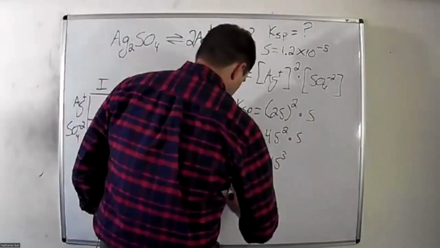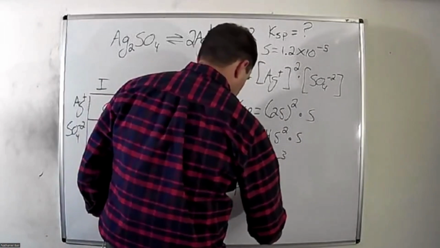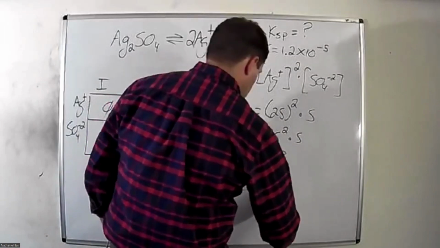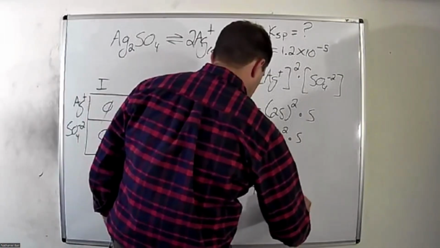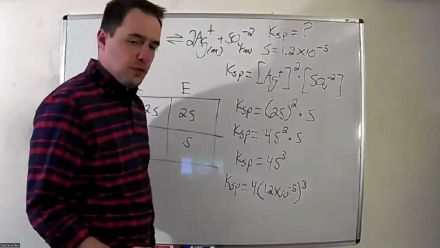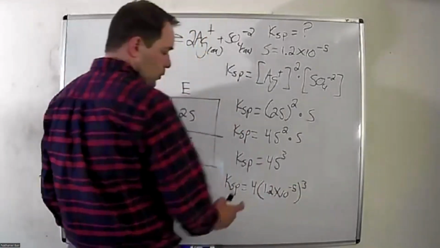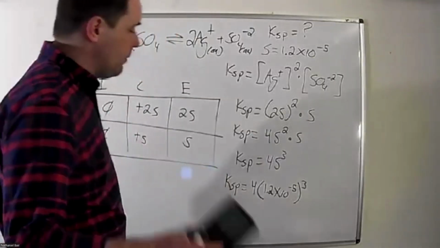So this becomes Ksp equals 4 times 1.2 times 10 to the negative fifth cubed. So remember, please excuse my dear Aunt Sally, your calculator will probably do it right, but you want to cube it before you multiply by 4. Here we go.